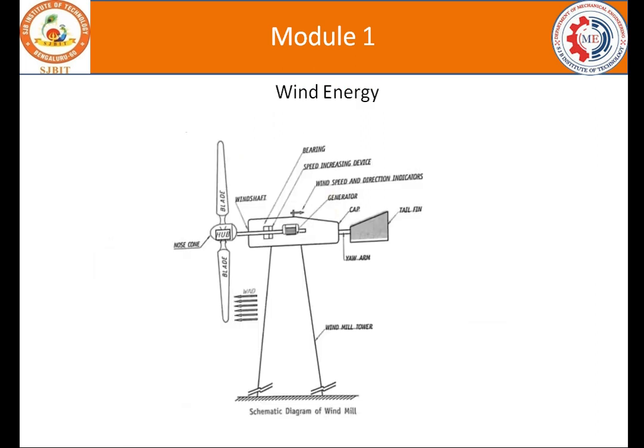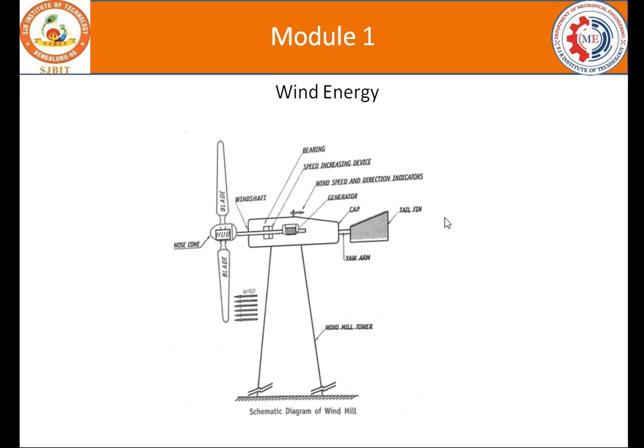If you take wind energy, it has blades connected through a coupling to a motor. There will be an indicator of the air which is going to flow, an extension that indicates which way the air is flowing.